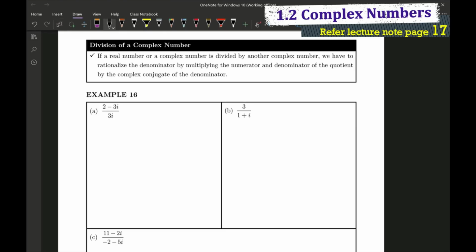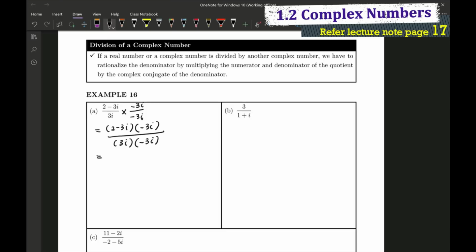So we multiply the numerator and the denominator by its complex conjugate, which is negative 3i. Now our fraction will become 2 minus 3i multiplied by negative 3i, over 3i multiplied by negative 3i.